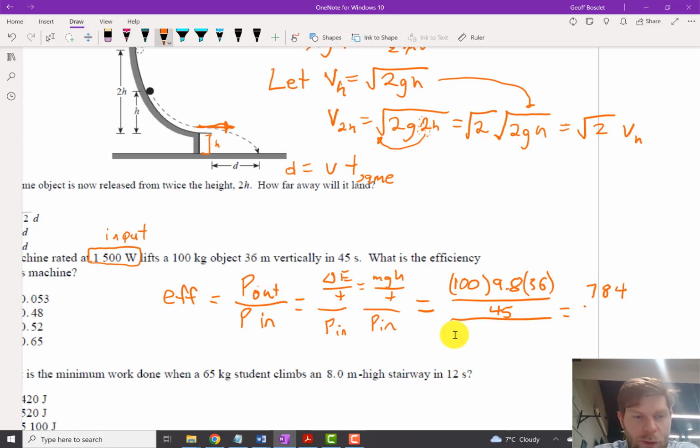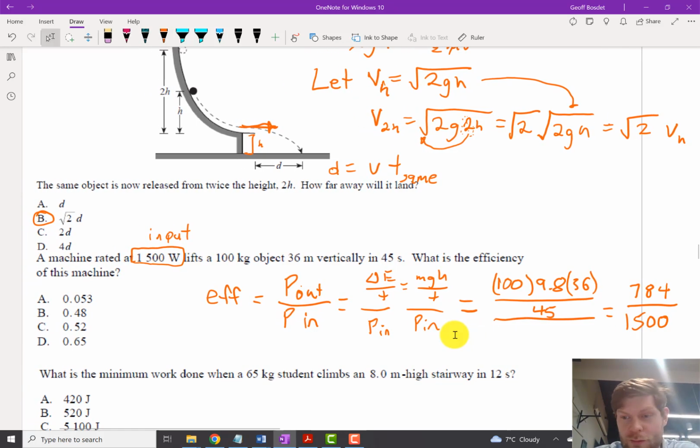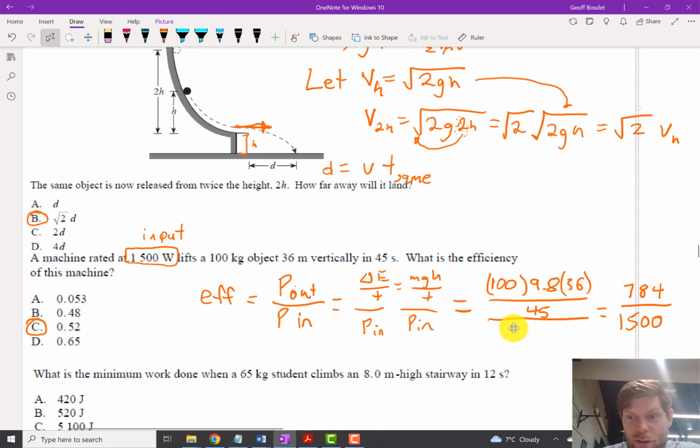So 784 is probably what it is, divided by 1500 watts. So that's a little over half. So it looks to me like this guy. And there we are.